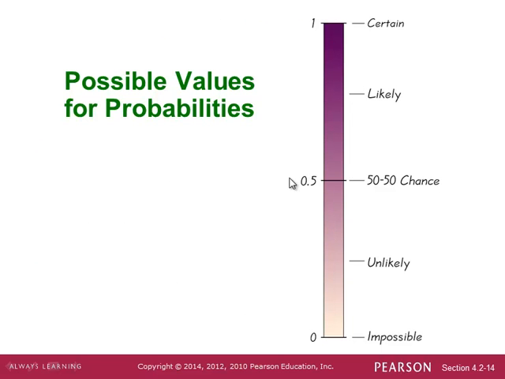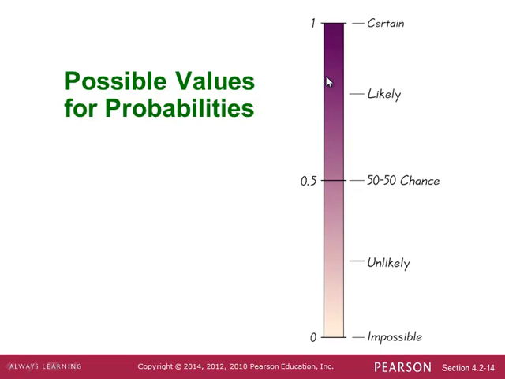You can think about this as a sliding scale for the probability of an event, with 0 being impossible, 1 being certain. A probability of 0.5 means it's like a fair coin toss. It's just as likely to happen as to not happen.